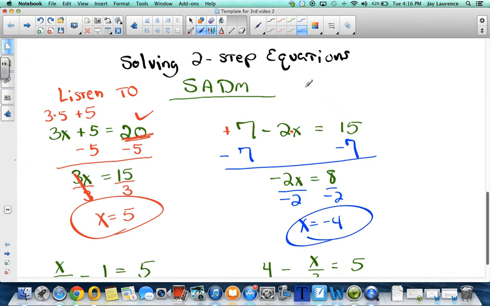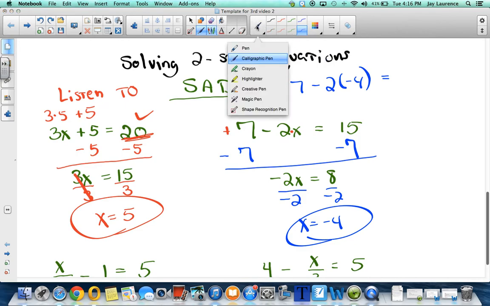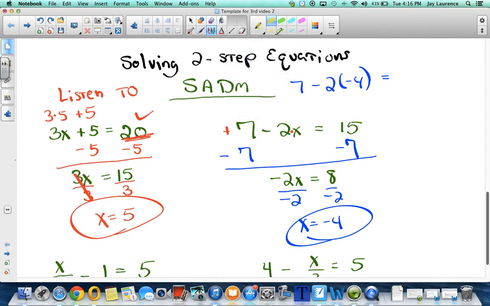Now, of course, I'm going to check my work. 7 minus 2 times -4 equals, well, I'm going to do my order of operations. I'm going to be careful here because that negative on the 2 belongs to the 2. So I really have the problem -2 times -4. So I have a 7, and a -2 times a -4 is a positive 8, and 7 plus 8 is 15, and there you go, it checks.